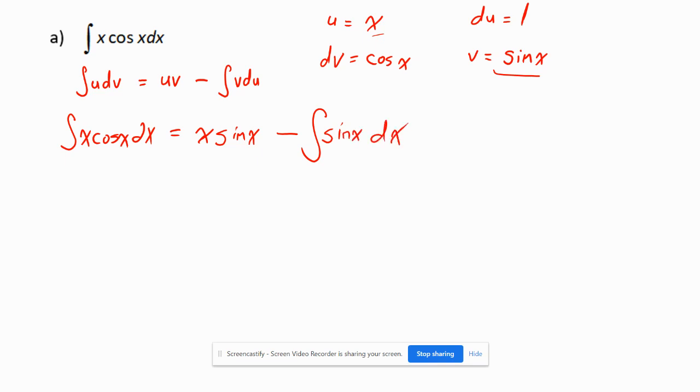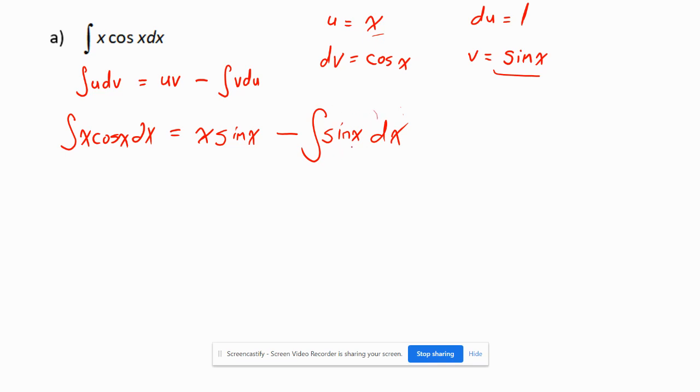Now, why is this working the way it does? What we've done here is we're not done yet, because we still have an integral within the integral. But I've taken something from x cos x, which is two parts, x is the first part and cos x is the second part, and I've taken it down to a much simpler integral in this second part over here.